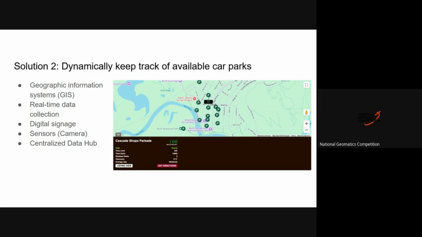This server would then update the parking GIS and refresh digital signage displays, which we need to be installed at key locations around the town, like town entrances and in front of parking areas.